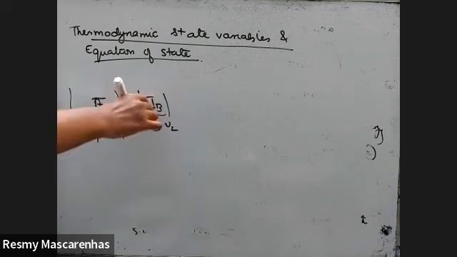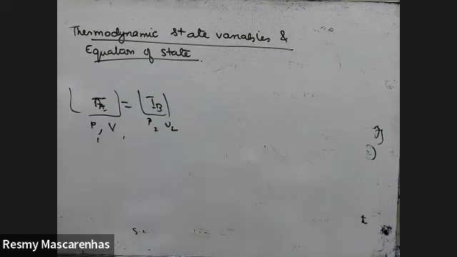All these are described. This thermal equilibrium is described based on many variables, also called macroscopic variables, which were given in the previous class. They are nothing but pressure, volume, temperature, mass.